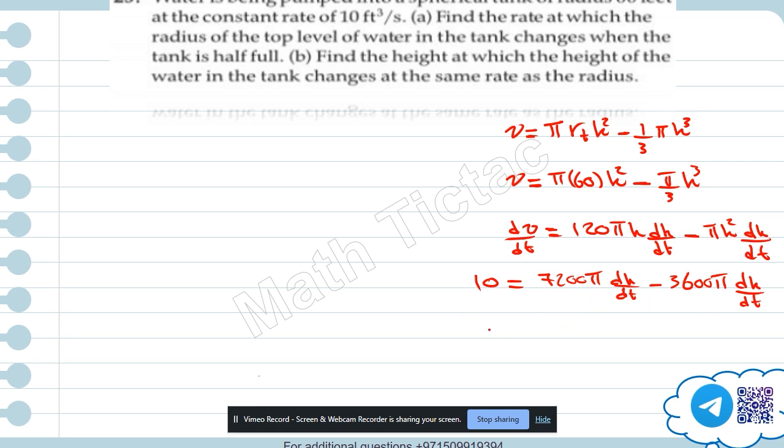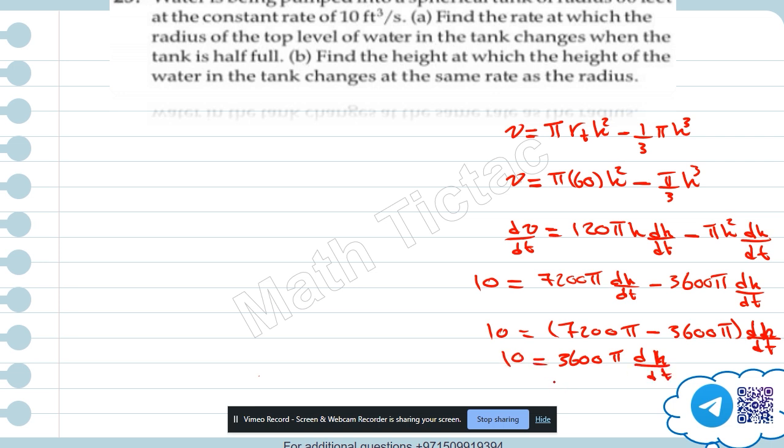So 10 is equal to (7,200 pi minus 3,600 pi) multiplied by dh over dt. Now we can subtract these: 7,200 minus 3,600 is 3,600 pi, multiplied by dh over dt, which is equal to 10.